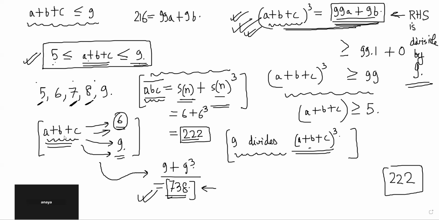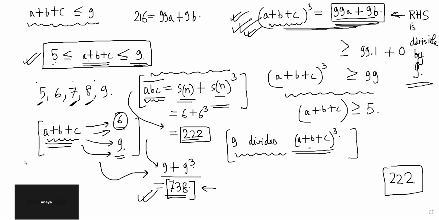From there, we got that A plus B plus C has to be either 6 or 9. And automatically, if you have two options, you can write the numbers and check whether they satisfy all the conditions or not. Correct? Right.